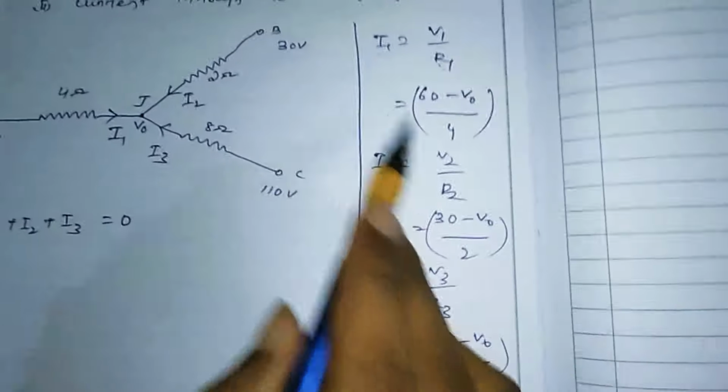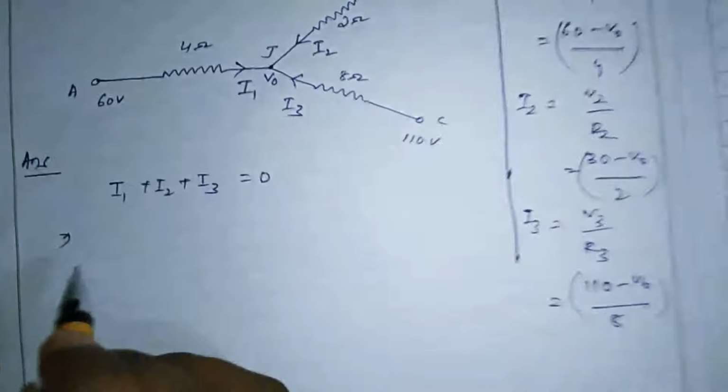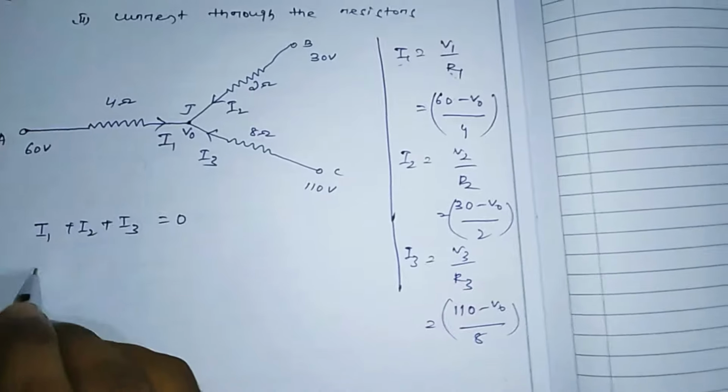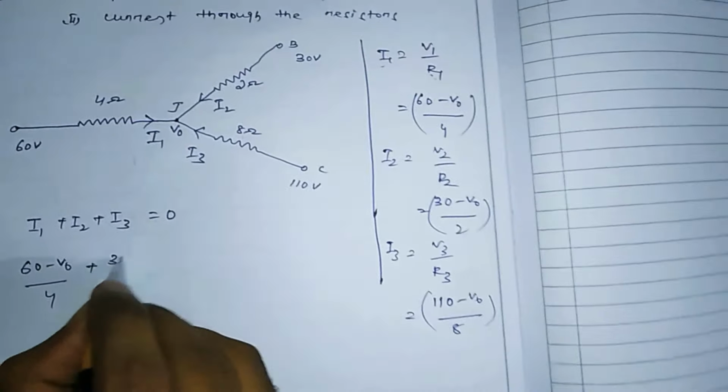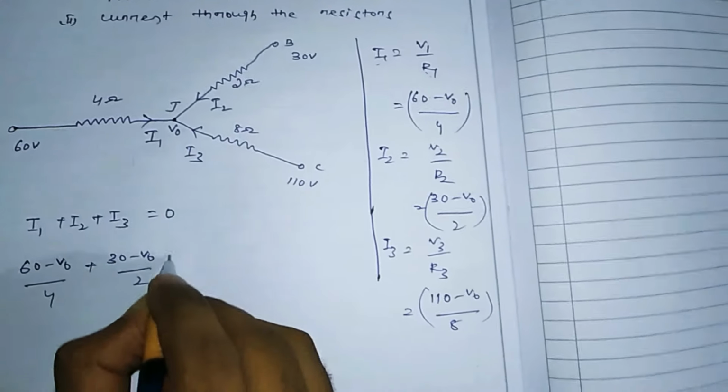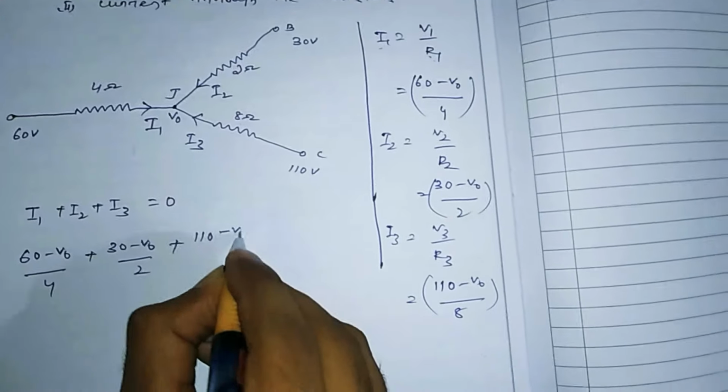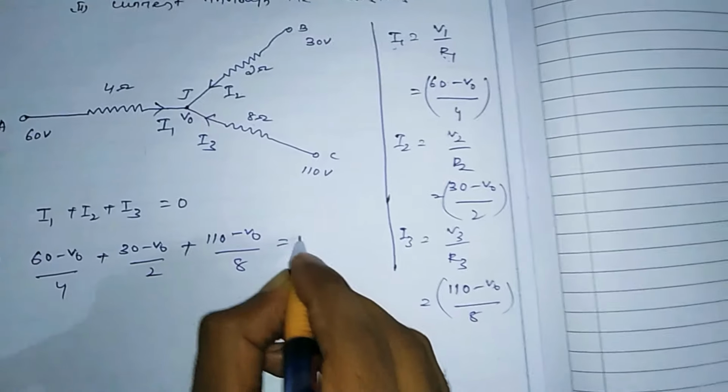Putting the values of I1, I2 and I3 in this equation, we get (60 minus V0) by 4 plus (30 minus V0) by 2 plus (110 minus V0) by 8 is equal to 0.